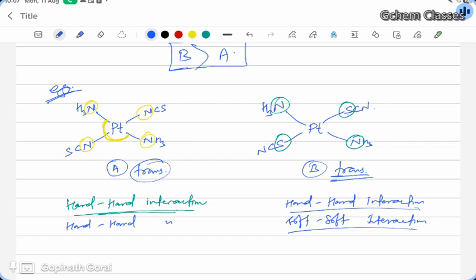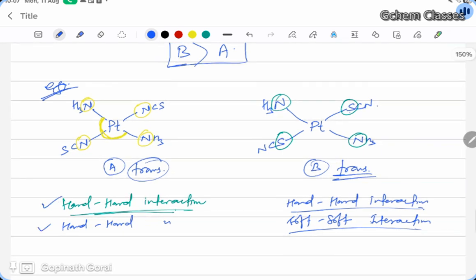In this case, you will just see the hard and hard, right? Understood? Here hard and soft. Then you have to look into the metal. Platinum comes under the group nickel, palladium, and platinum. If you draw nickel, palladium, platinum, this is 3D element, this is 4D, this is 5D. As we go down the group, the softness will increase.